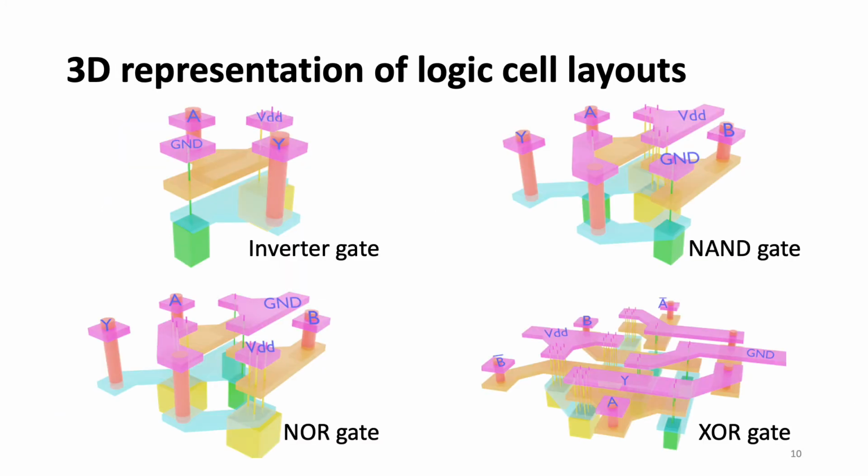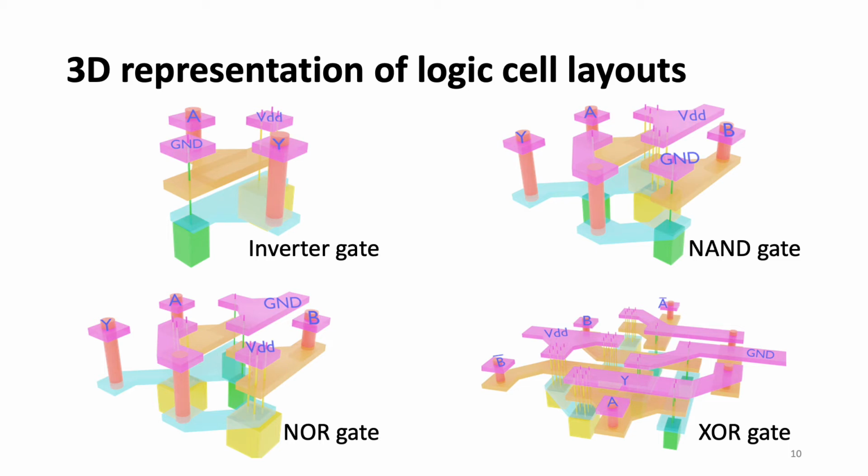In order to assess the performance and density metrics of the vertical nanowire technology, it is important to make an accurate estimation of overall circuit structure and inter-device parasitics. To do so, we used an in-house tool to build 3D representations of a small library of representative static logic gates, which are represented here.